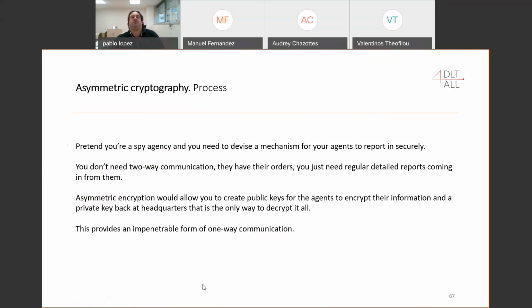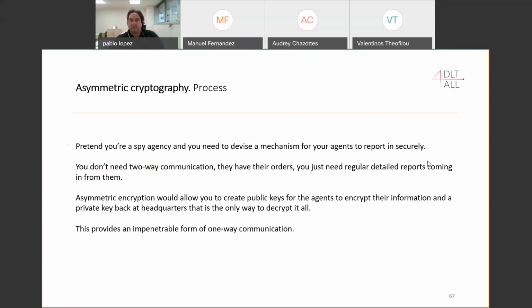Imagine now that you are not a spy agency. Imagine that you are in your own professional activity, as a student or as a teacher or whatever.